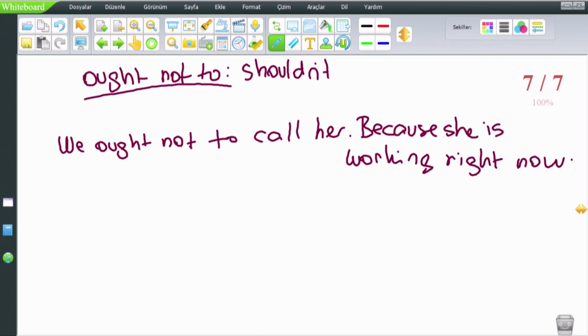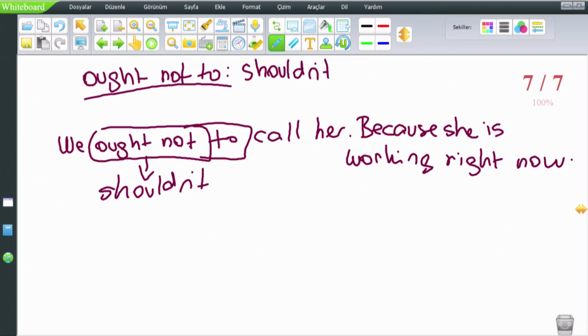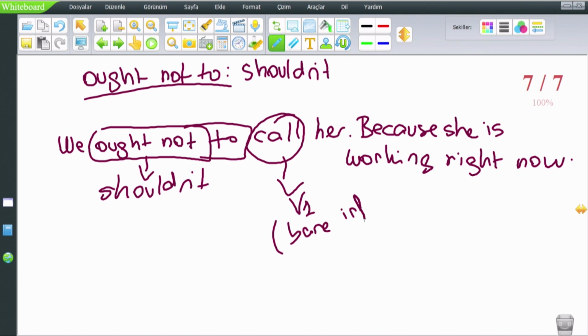So, in this one, I could also write shouldn't instead of ought not to, and it will still give the same meaning. After that, I use the bare infinitive form of our verb. And as you can see, it comes right after the subject of the sentence.